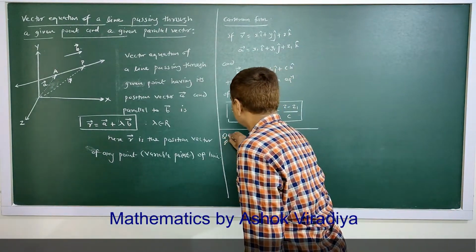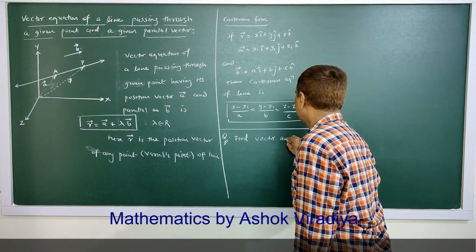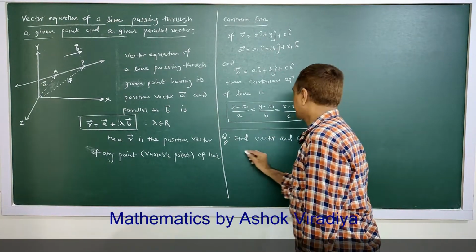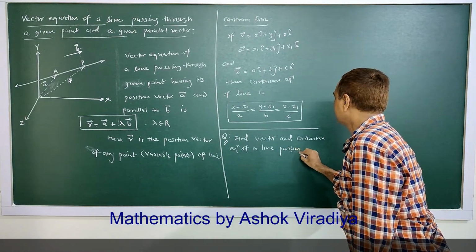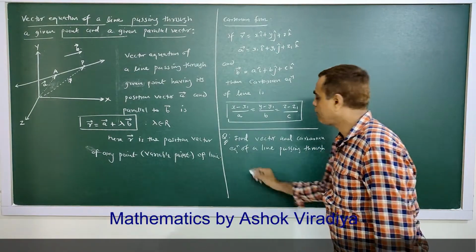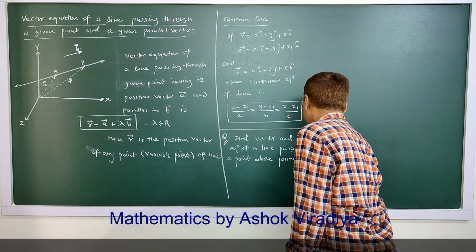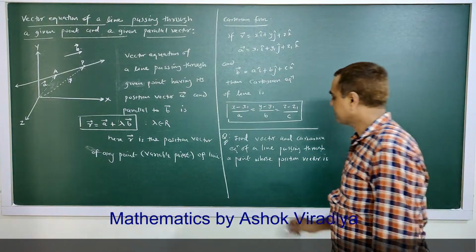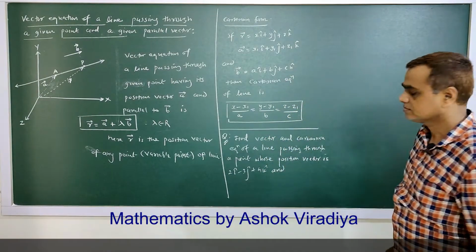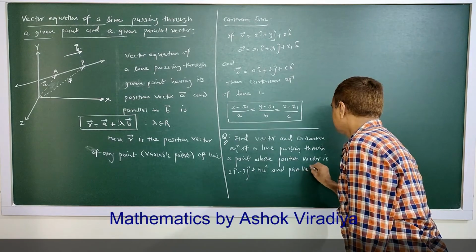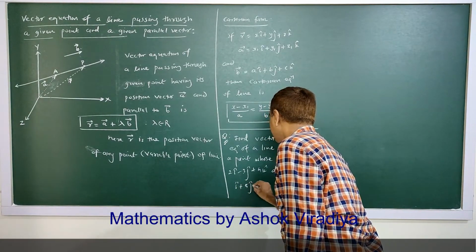Find the vector and Cartesian equation of a line passing through a point whose position vector is 2i minus 3j plus 4k, and the line is parallel to a vector, suppose i plus 5j minus k.